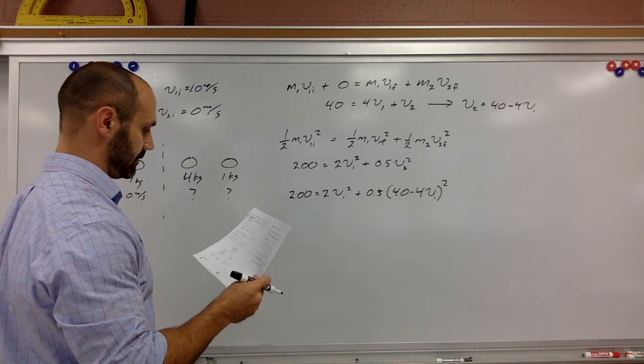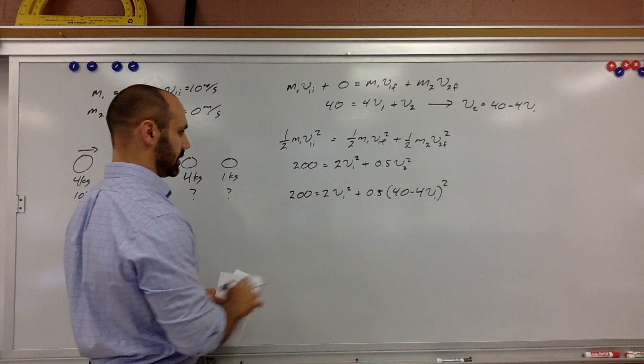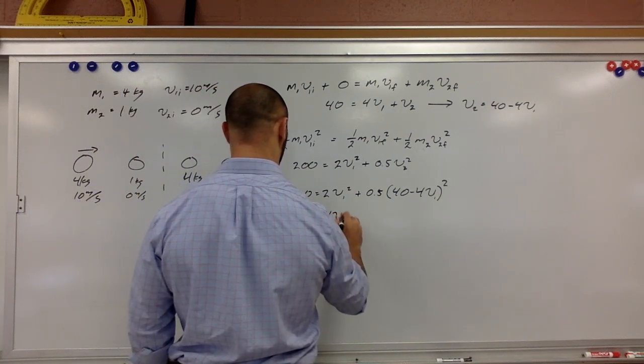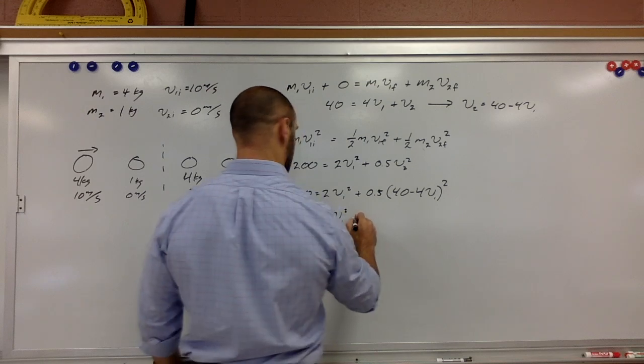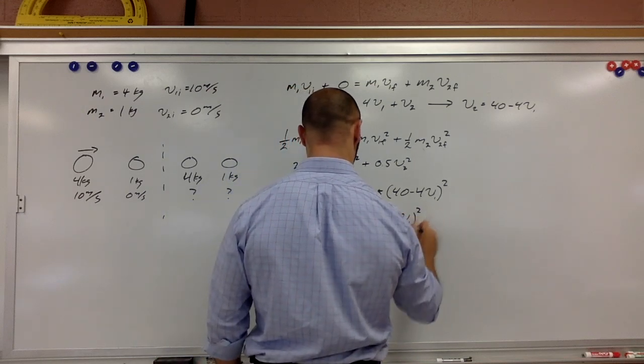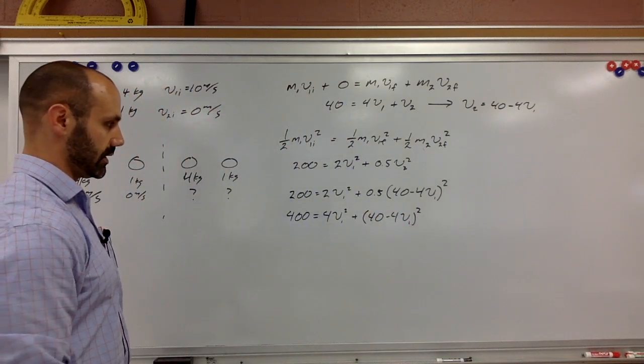Where did that 0.5 go? Oh, I see what I did. Okay, so to get rid of the 0.5, we're just going to say 400 equals 4V1 squared plus (40 minus 4V1) squared. So now I have one unknown and one equation here.